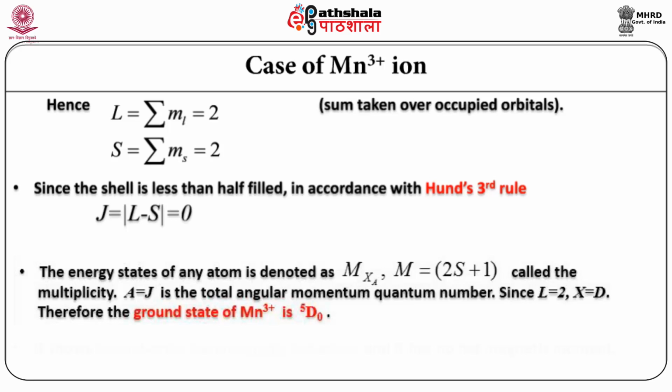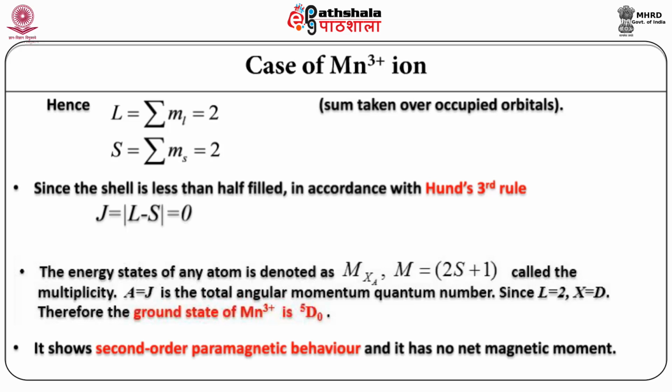And why is it so? A is equal to J, which we found to be 0, and m is equal to 2S plus 1, so with S equal to 2, m equals 5. Again it shows a second order paramagnetic behavior, and it has no net magnetic moment.